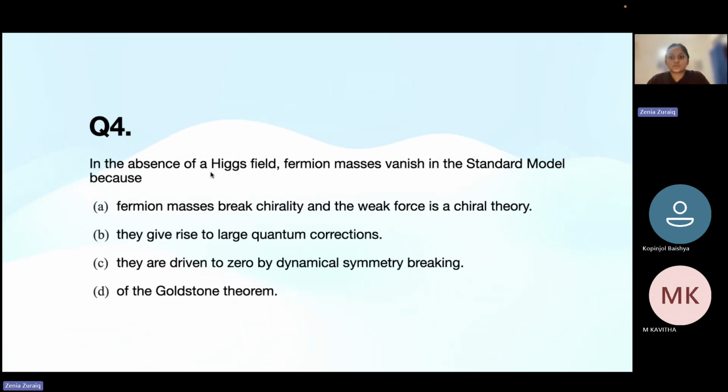Okay. So next question. In the absence of Higgs field, fermion masses vanish in the standard model because of what reason?